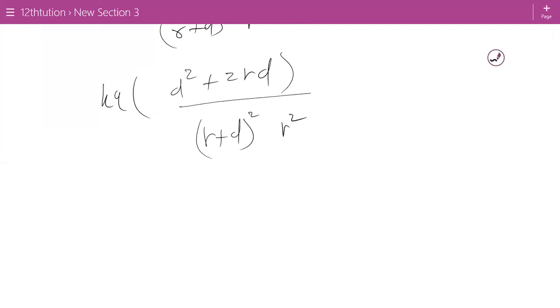By taking approximations, because the d distance is very small and r is larger, it will become kq by (r plus d) square.